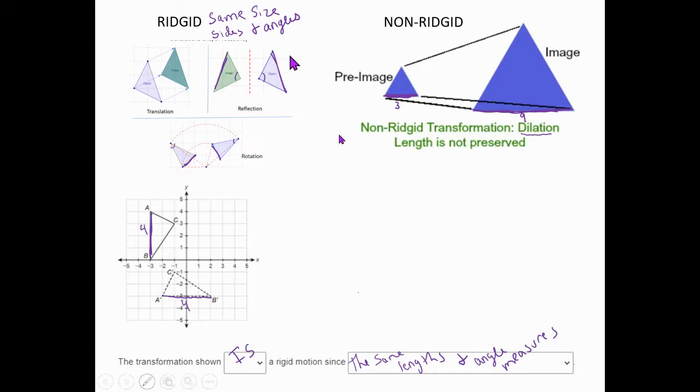Okay, so the angle of this one, angle A, is going to be the same as angle A here. So it is a rigid motion since the same lengths and the same angle measures. Where if we got something that looked like this, that blew up, or maybe it shrunk, it would not be a rigid motion because it does not preserve length.